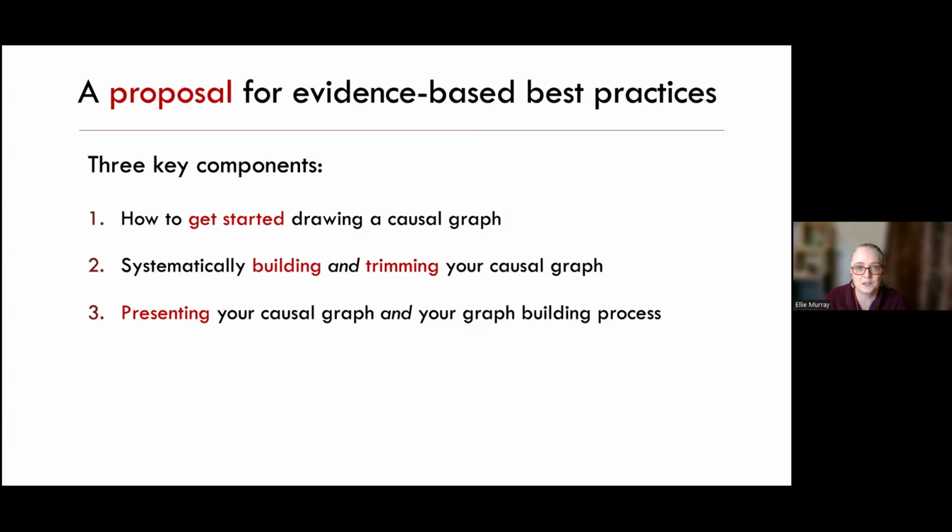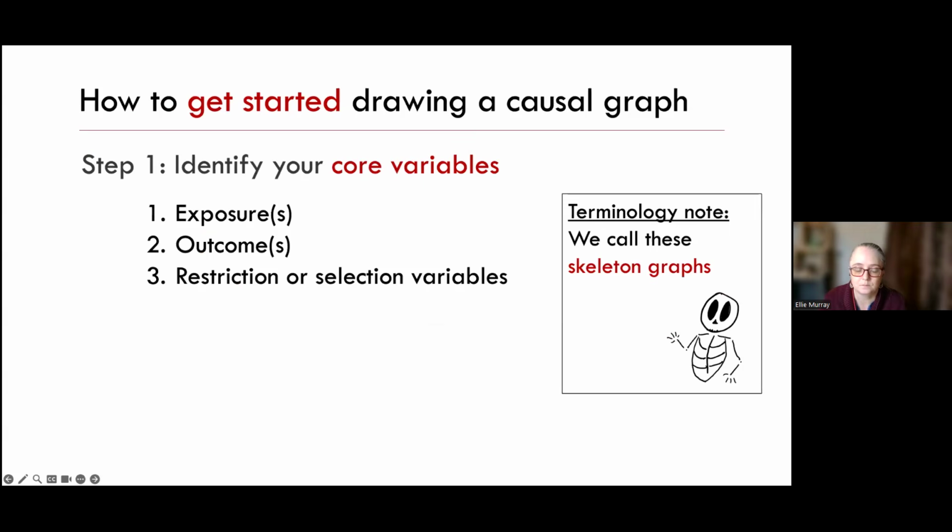And the third piece: if we want people to use causal graphs most effectively in their research, we need to make sure that they're presenting the graph and the graph building process in some systematic way. So the third piece is around what we should do to present these graphs and the graph building process.